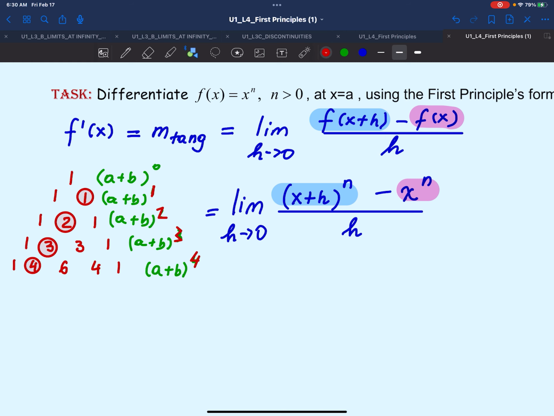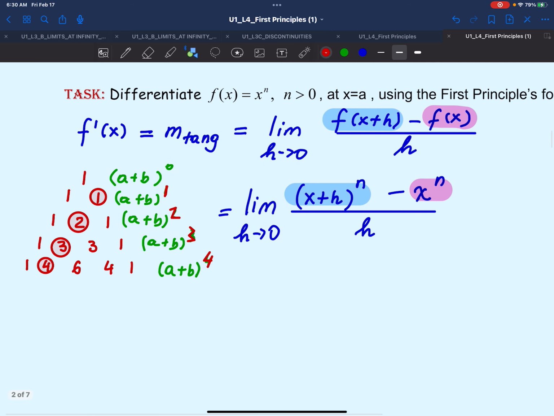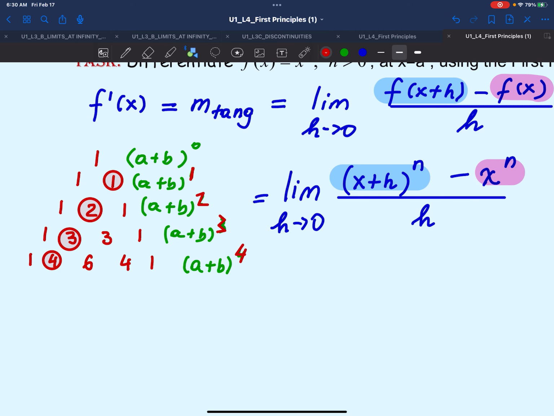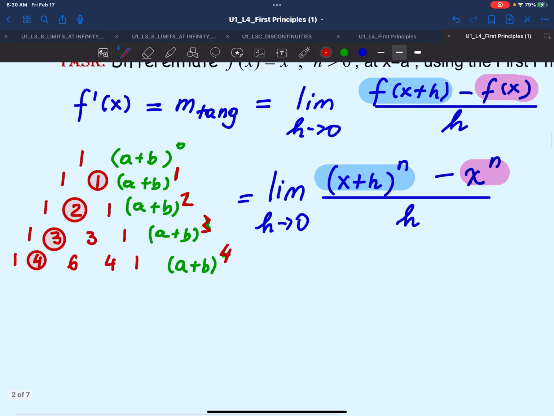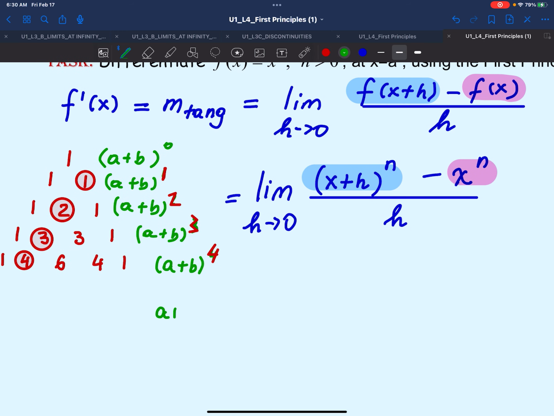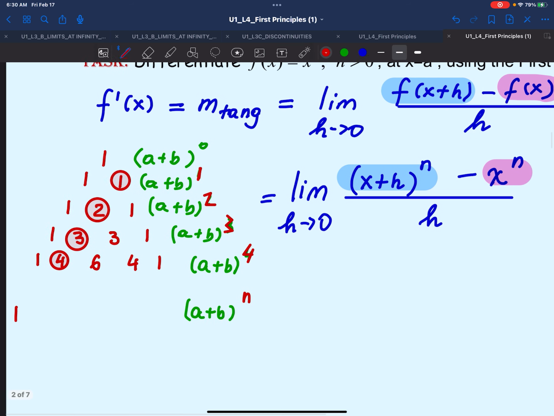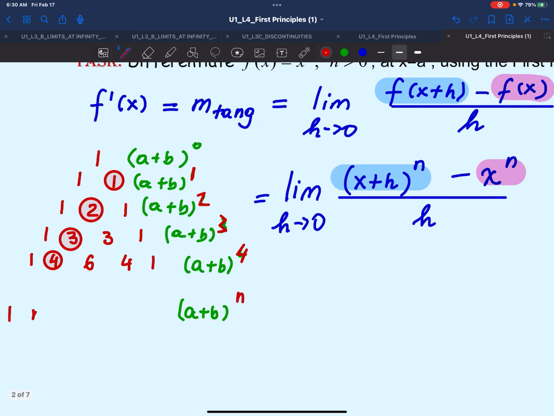So based on this pattern, we're going to build the nth row. So in the nth row, we must have 1, that's what we start with. And if we are expanding a plus b to the power of n, it means that the next number in the triangle has to be n.